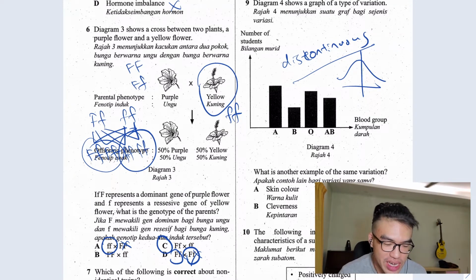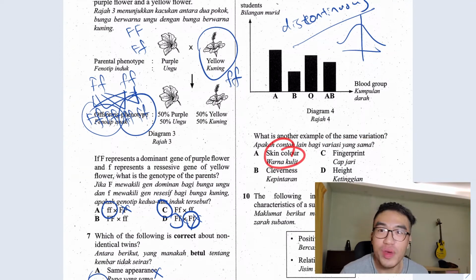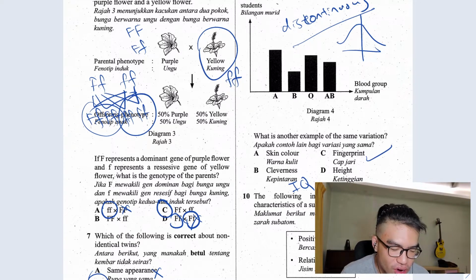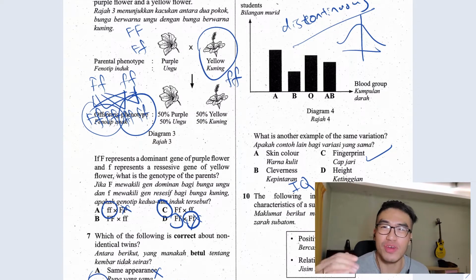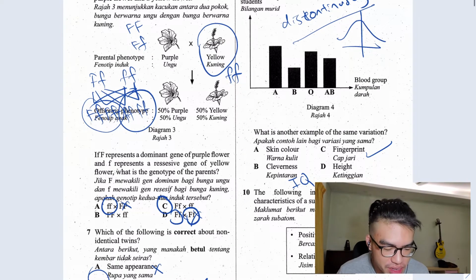So what is another type of same variation here? Skin color, no, because you have different tones of skin color, that will be continuous. Cleverness, that would be our IQ, similar to skin color. Fingerprint, I believe this will be the answer. Height, of course, is also continuous because you have a lot of height classes. You cannot just separate them into 4 classes. So my answer would be C.